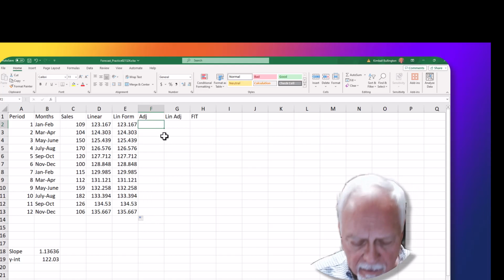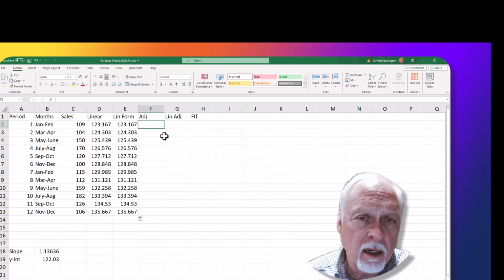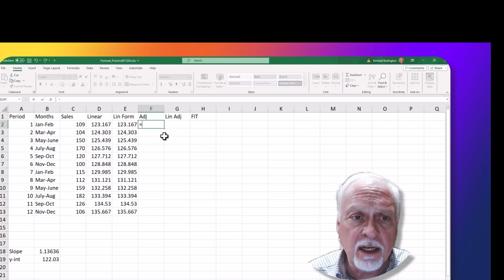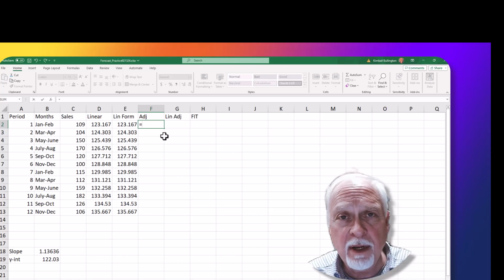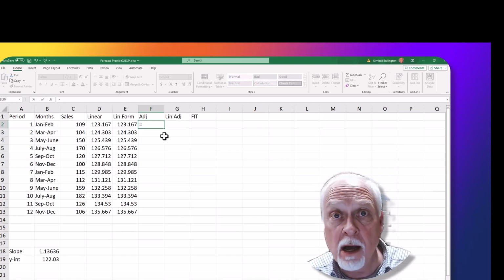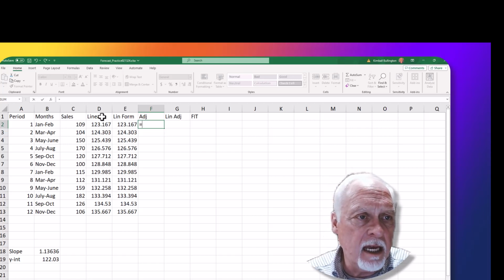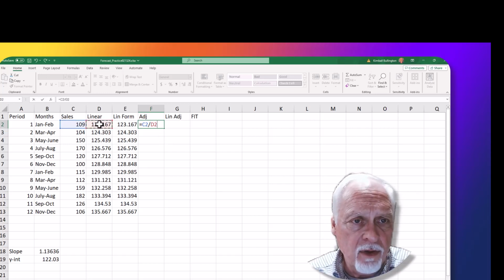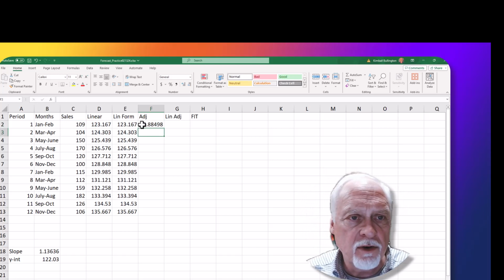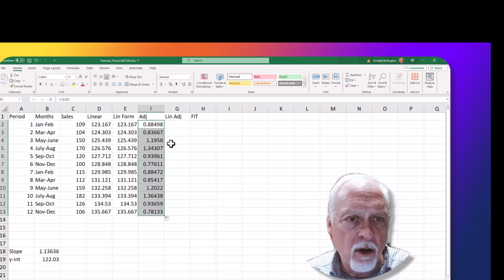Now we're going to look at making some adjustments. First we'll make some numbers that are adjustments for each of the periods, and then we'll combine the periods, average the periods that have common seasonality. So we'll take the actual sales divided by the linear trend number, and we'll project that all the way down.